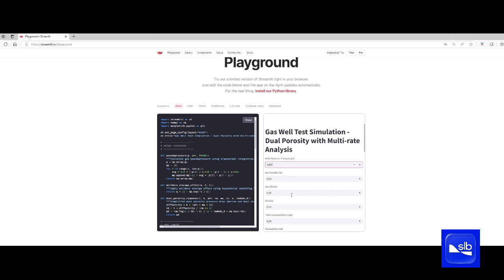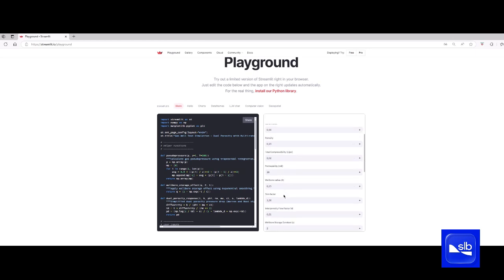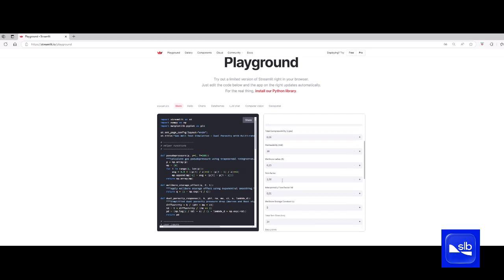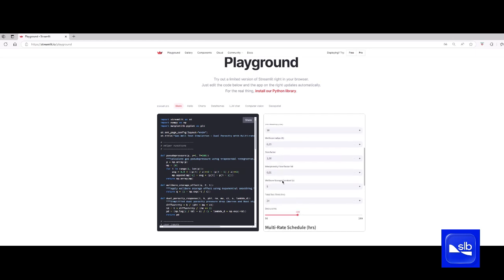Gas viscosity, gas z-factor, porosity, total compressibility, permeability, wellbore radius, skin factor, and also the interporosity flow factor, and the wellbore storage constant, expressed in seconds, and the total test time.